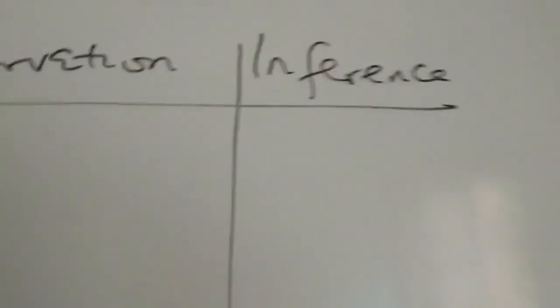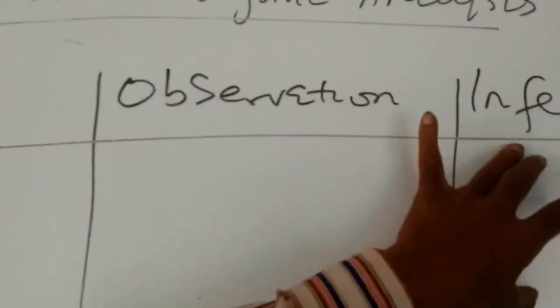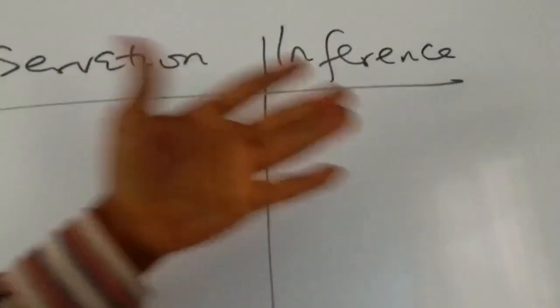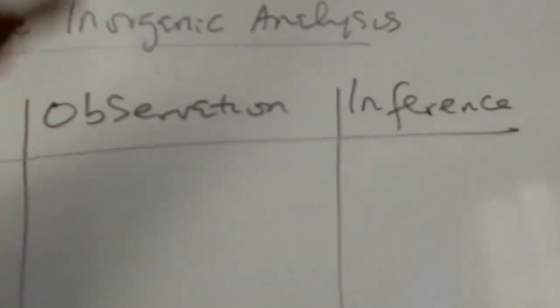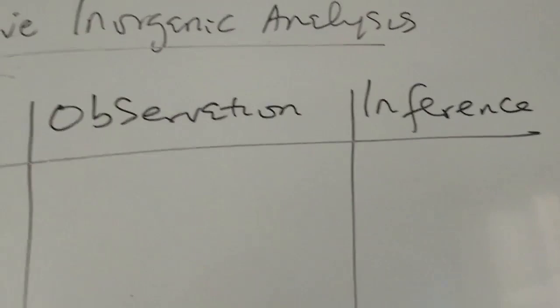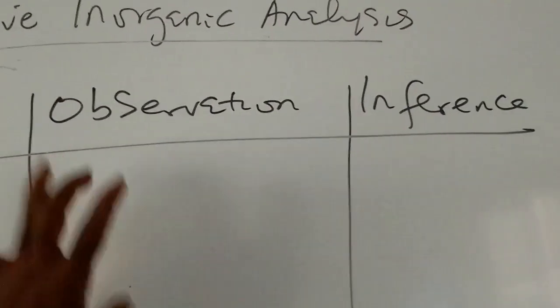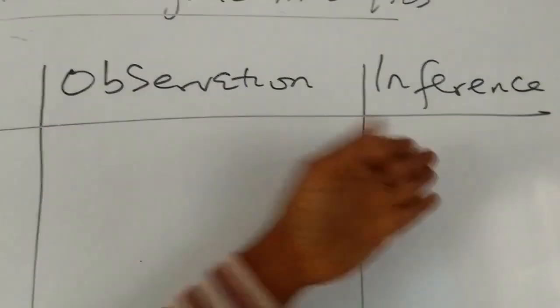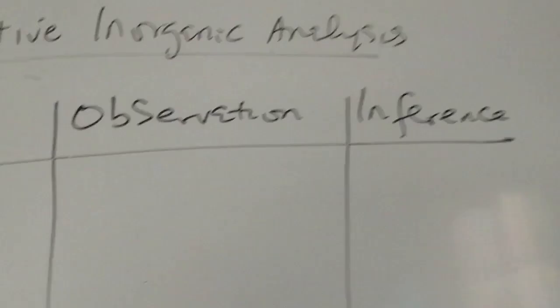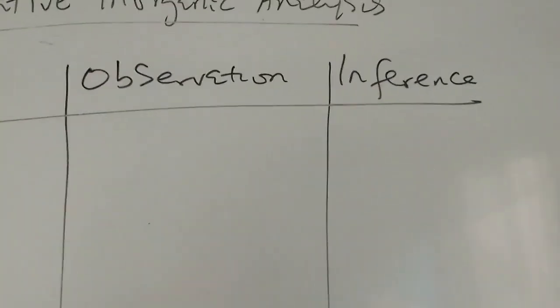Another thing you should know: if your observation is wrongly written and you wrote the correct inference, especially from that question, you wrote the right inference but the observation is wrong, you score 0 in the observation and still score 0 in the inference, even though you wrote a right inference based on the marking scheme. You still fail the inference because you wrote a wrong observation. How can you have a wrong observation and have a correct conclusion? So that is the argument here. So we're going to start our experiment now.